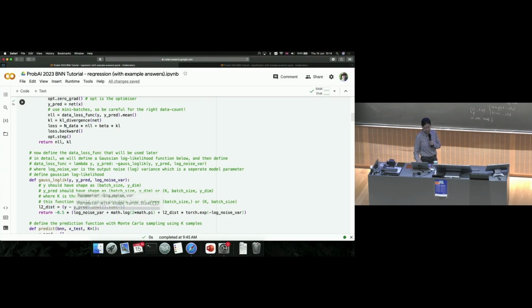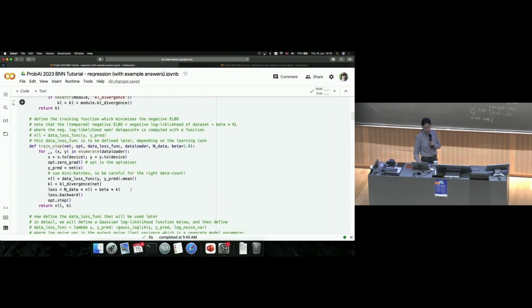If you understand how to write down a Gaussian likelihood, or if you look at Wikipedia, then you just use that kind of expression to write down your Gaussian likelihood function, which contains an L2 error plus some term that accounts for the output variance term.